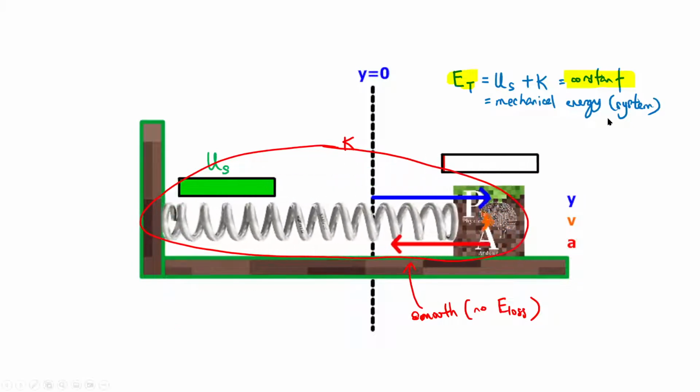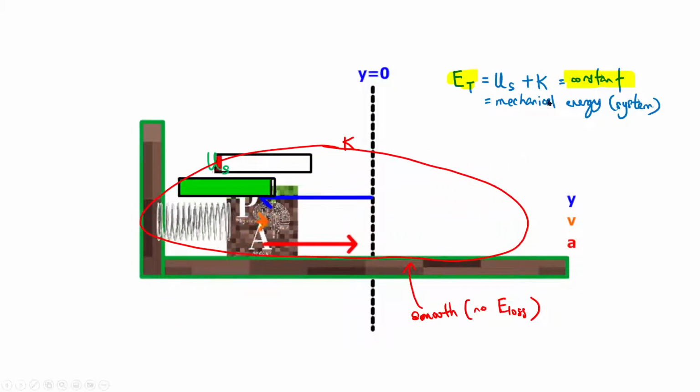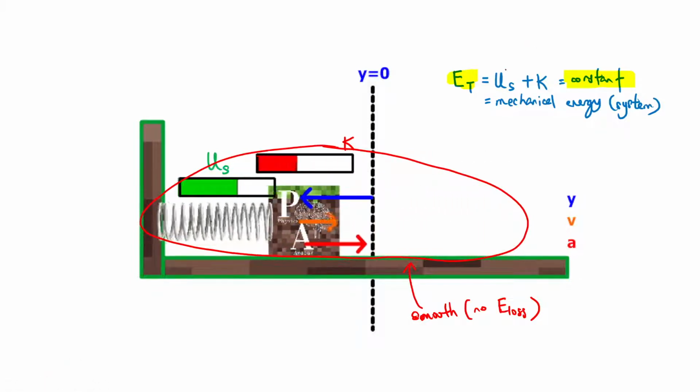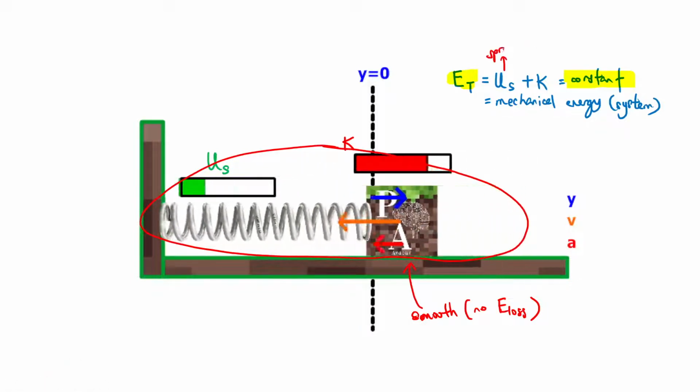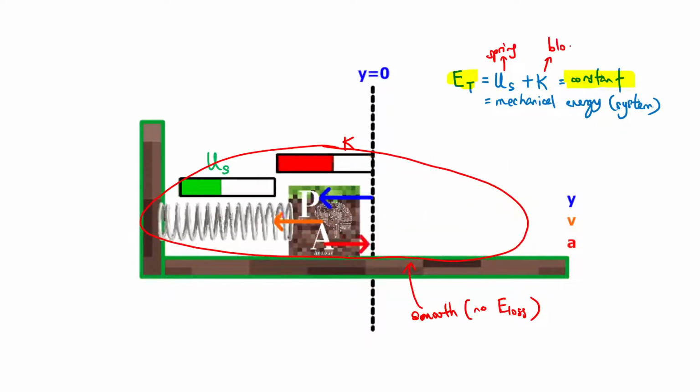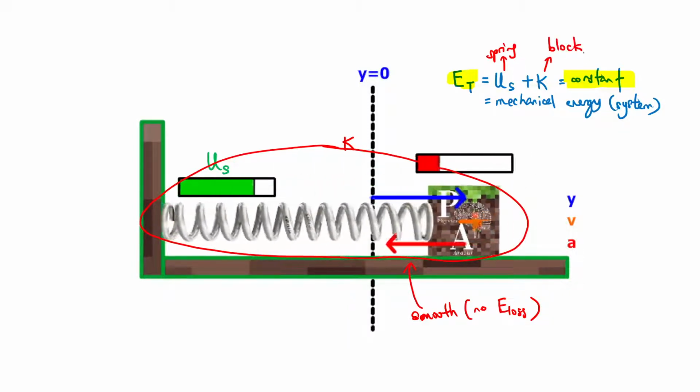Okay. This whole thing is one system. So this is in the spring, and this is the kinetic energy in the block. Understand?